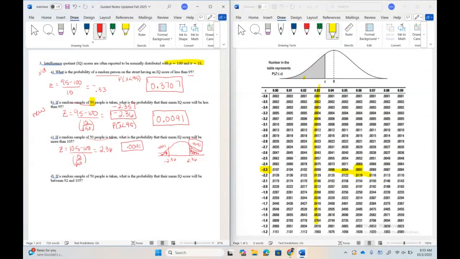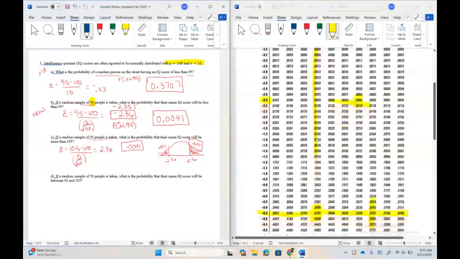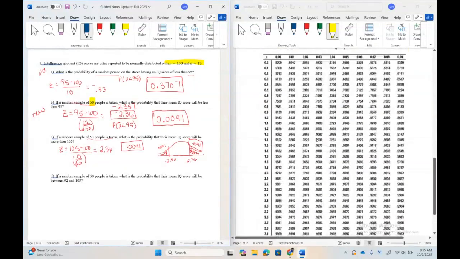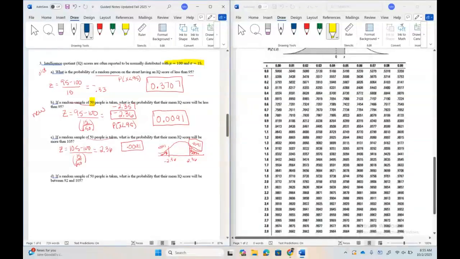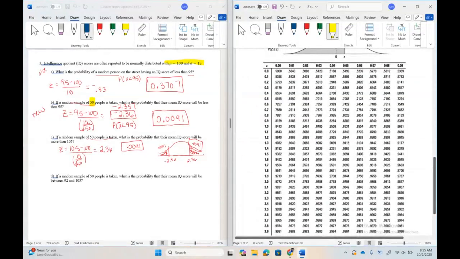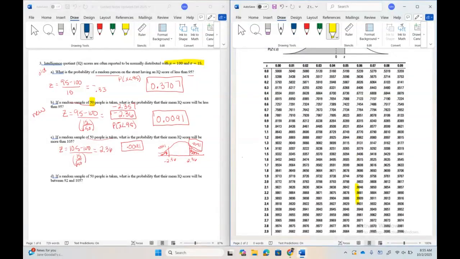Now, if you forget that, you can find the area to the left of positive 2.36. So let's do that. It looks like it's 0.9909.